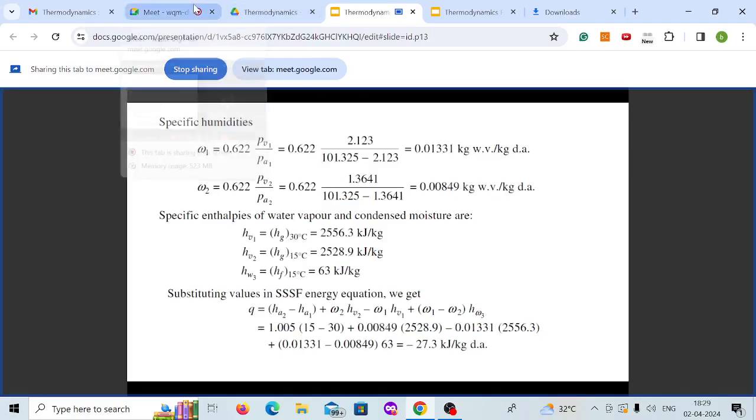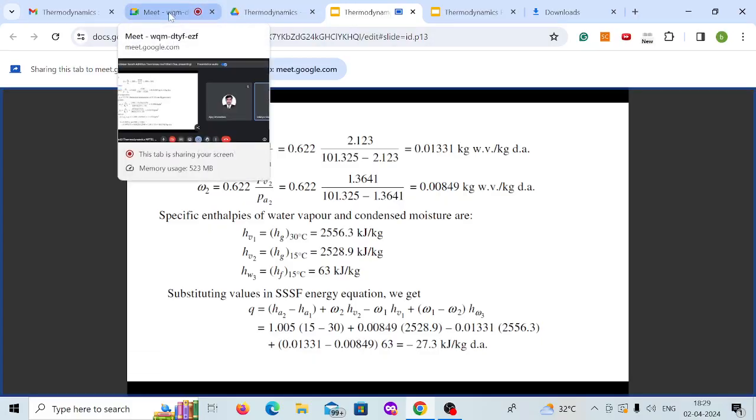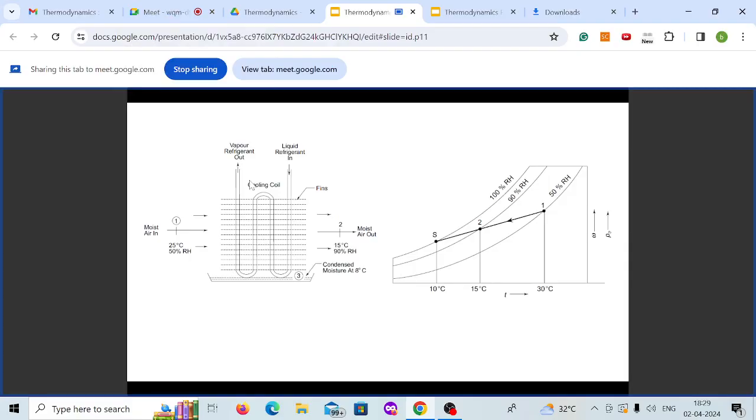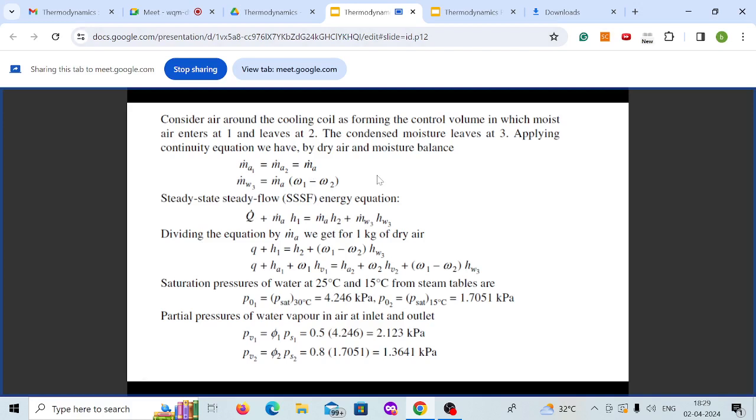Any doubts in this? What we did is we first did a mass balance across the cooling coil. So what is coming in, what is going out, we know the mass. We did it in two parts, one for dry air, which is the first equation, and one for your water. Next we did an energy balance across the cooling coil.